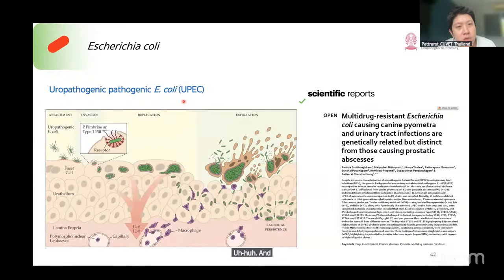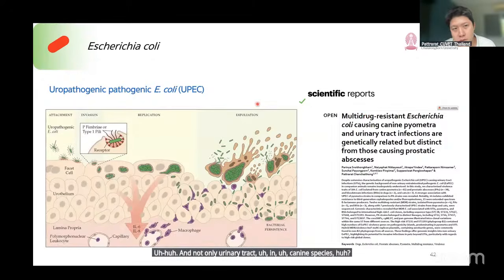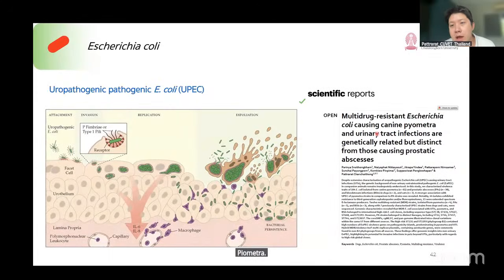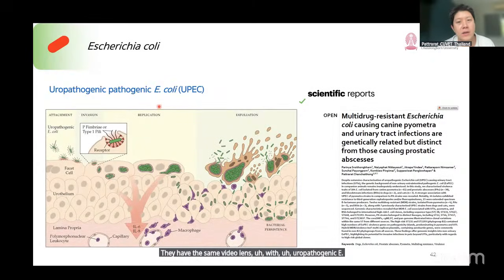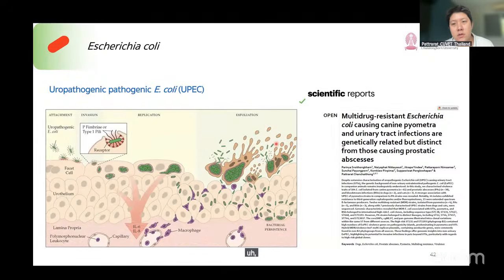And not only the urinary tract, in canine species, UPEC or ExPEC can also cause pyometra, because of hormonal imbalance, a hormonal predisposing factor in female dogs.